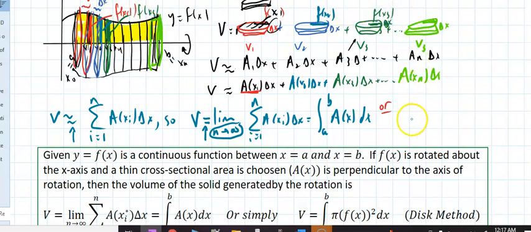And isn't that volume the integral from a to b of the area of the base?